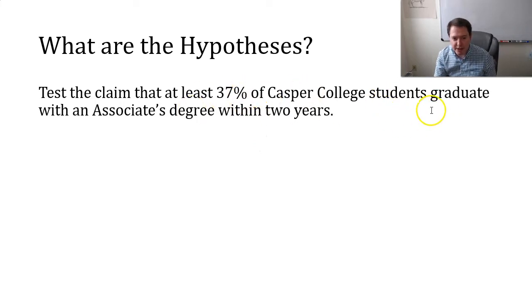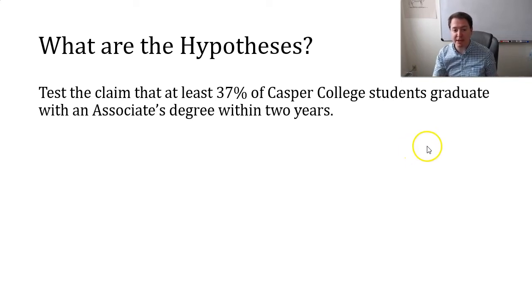And as I look at this, and think about it, what kind of data would I actually have here? If I had a data set and I was looking at this, the data that I would have would be like, yes, they graduated within 2 years, or no, they didn't. That's categorical. And the only thing that makes sense there is proportions. And indeed, I'm given some baseline proportion of 37%.